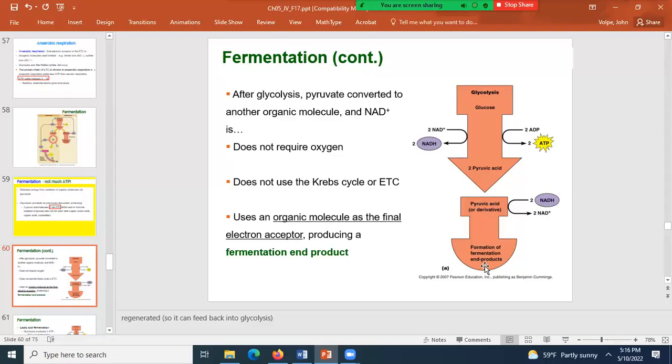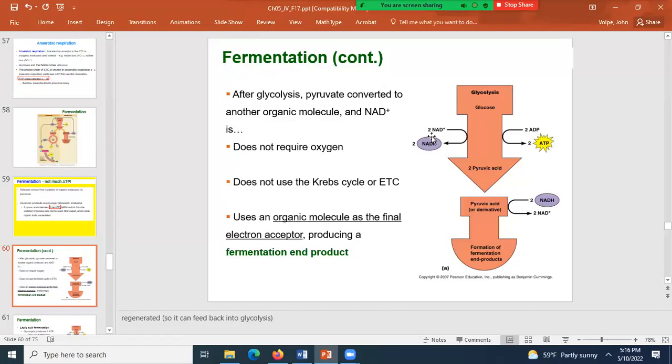Now here's a question for you. Why does a cell that's making ATP by fermentation generate NADH in glycolysis and then use that NADH in the fermentation step, rather than just keep the NADH around until aerobic respiration can happen?